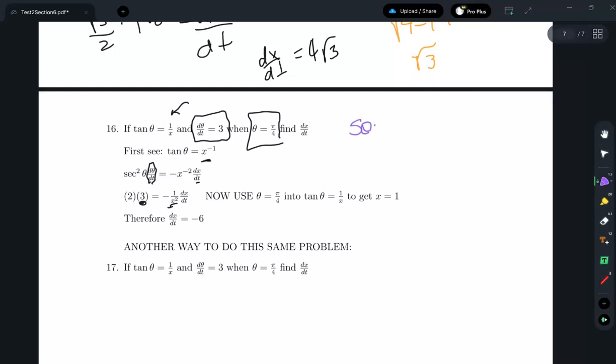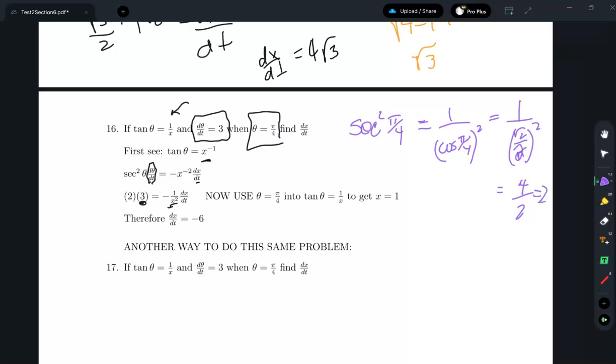So secant squared of pi over 4, that's like saying 1 over cosine of pi over 4 all squared. That's 1 over root 2 over 2, whoops, root 2 over 2 all squared. So that's like saying 4 over 2, that's 2. So it's useful to have memorized this is 2 because you're going to see it so often. So this, I replace it with a 2.